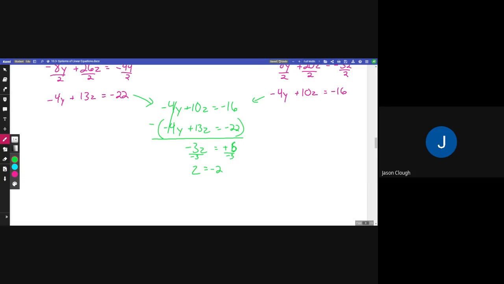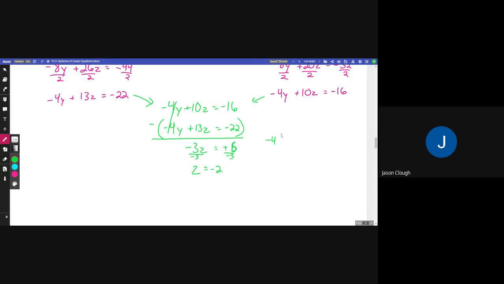So for the most part, you should notice, just like I did, that the chances of you getting a fraction are highly unlikely. So if you end up with a fraction or something really weird number, double check to make sure you did your math right. I'm going to take this negative 2 and put it back into one of my original equations.